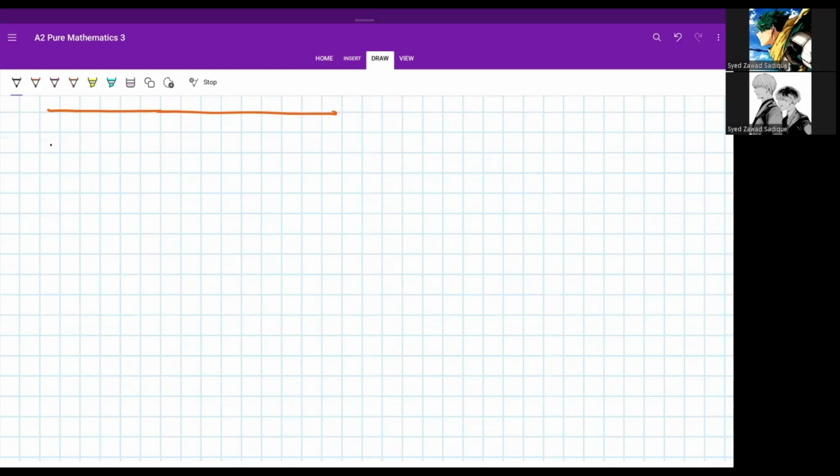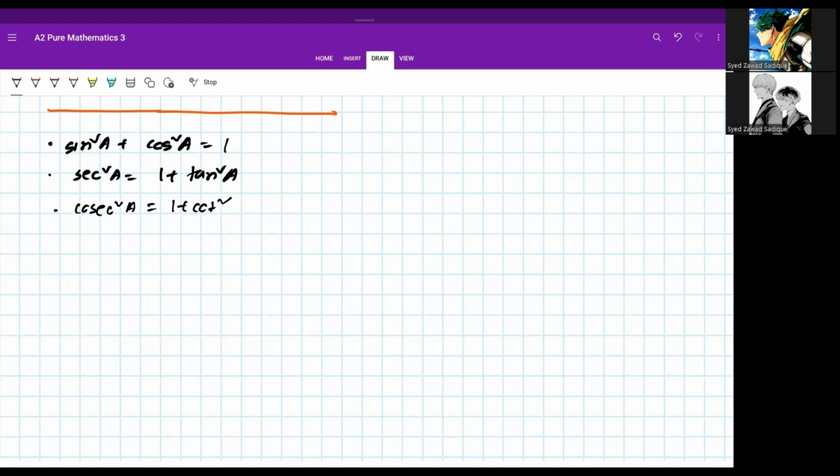However, let's write what we know from our AS and O levels. We know sin squared A plus cos squared A is equal to 1. Sec squared A is equal to 1 plus tan squared A. And cosec squared A is equal to 1 plus cot squared A.